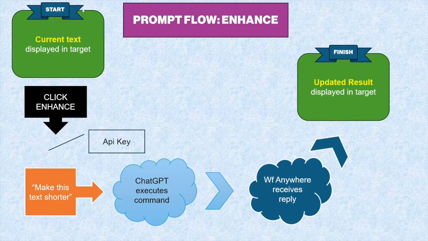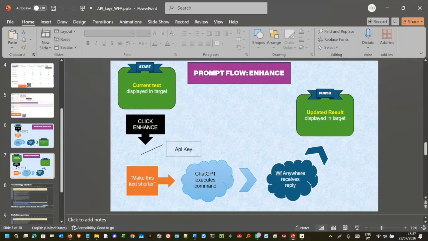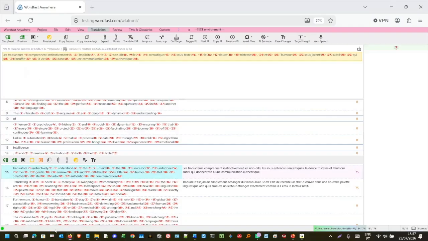Then Wordfast Anywhere receives the reply and you get the result displayed, and you can use it if you want in your target then. So that's the way it's done in Wordfast Anywhere. I hope that helps you understand a little bit how things work. And now we are going to go directly in Wordfast Anywhere and look at things.